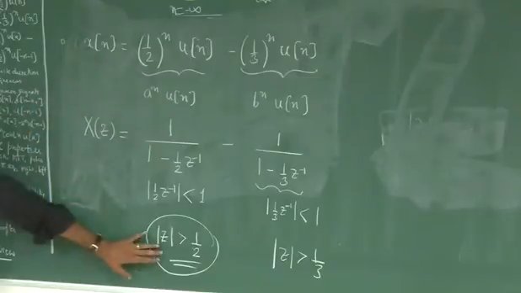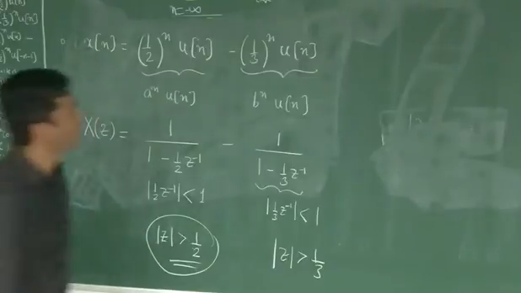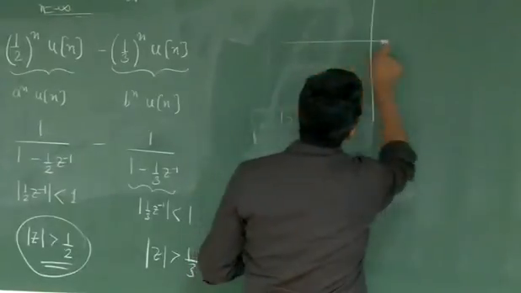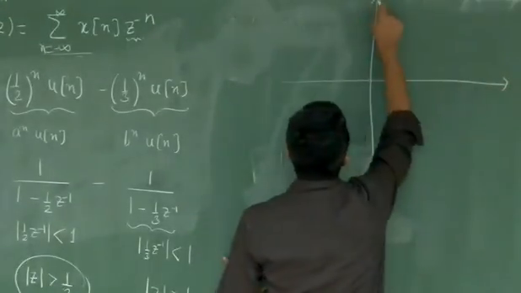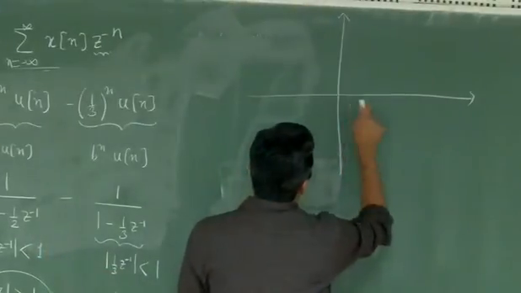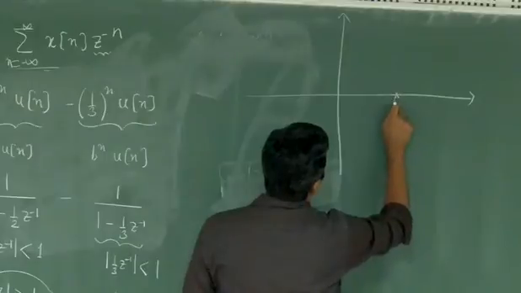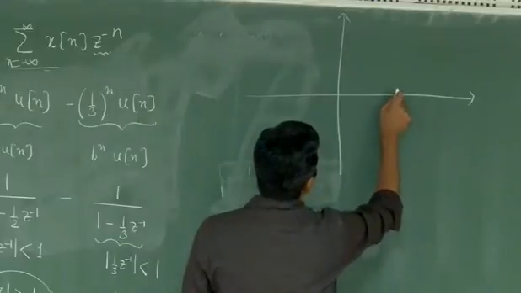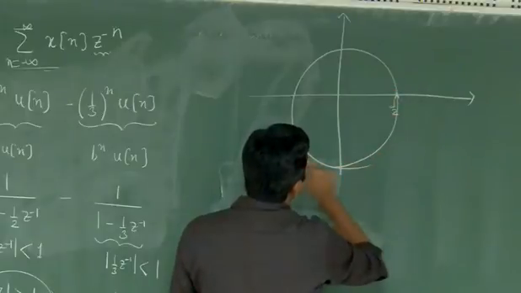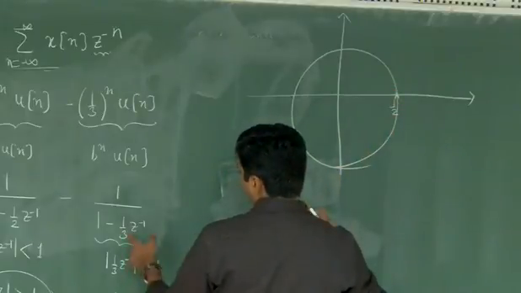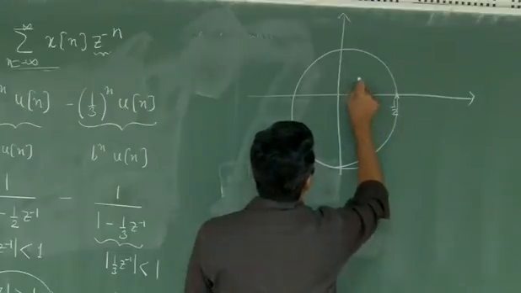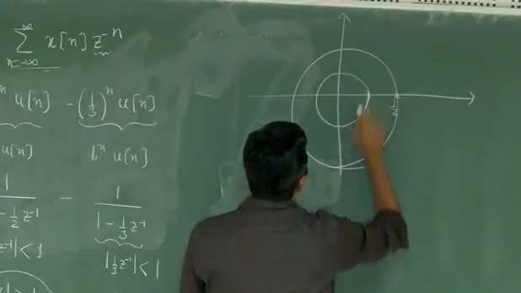Okay. So if I were to just plot this out, how is that going to look like? So in this case, I have a pole at Z is 1/2, right? And I have a pole at... right.